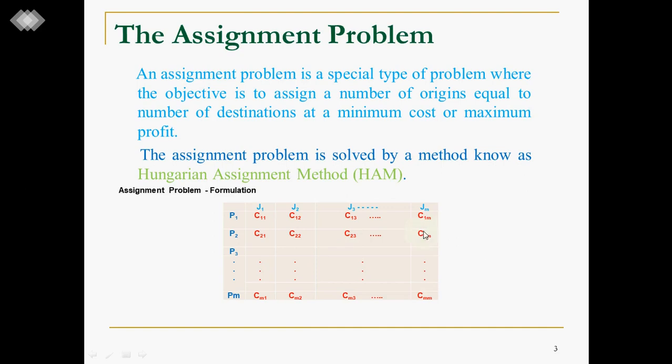Then the problem is structured as shown, with persons P1 to Pm and jobs J1 to Jm. These are the costs of assignments. Based on these costs, you are supposed to assign the best job to the best person so as to minimize the cost or maximize the profit. That is the objective or the concept of the assignment problem.